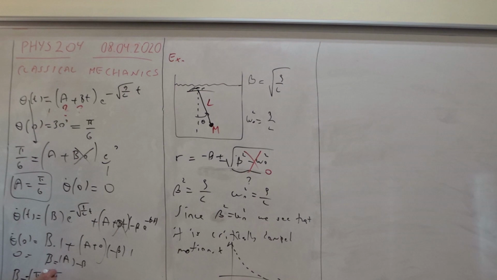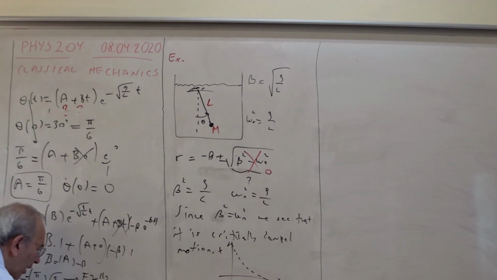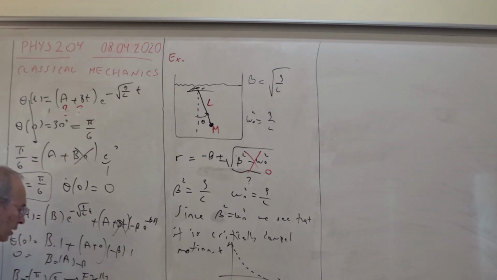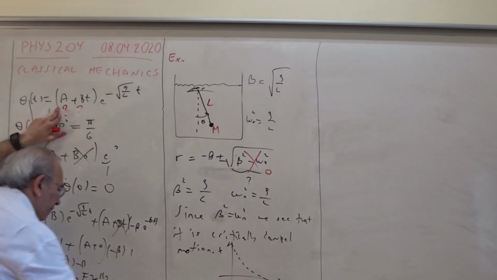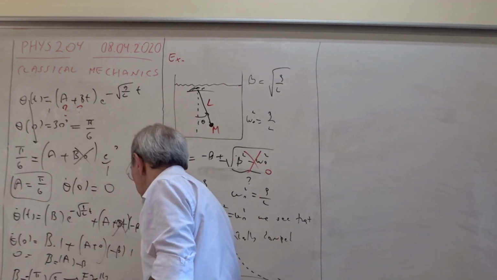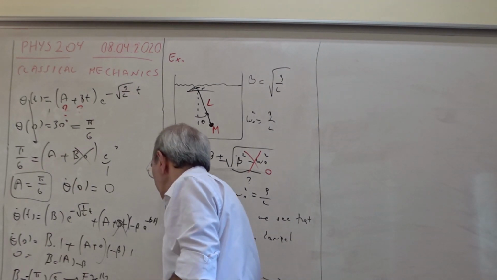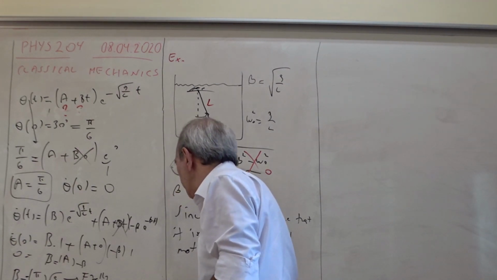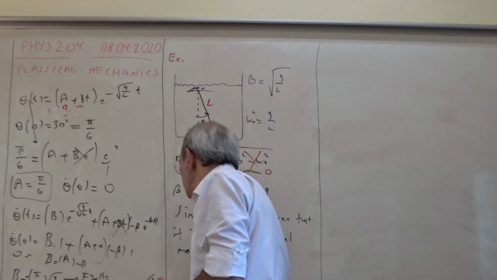Root g over L. Finally, theta of t will be a, pi over 6, plus b, negative pi over 6 multiplied by root g over L times t, there's a t dependence, multiplied by e to the minus root g over L t.